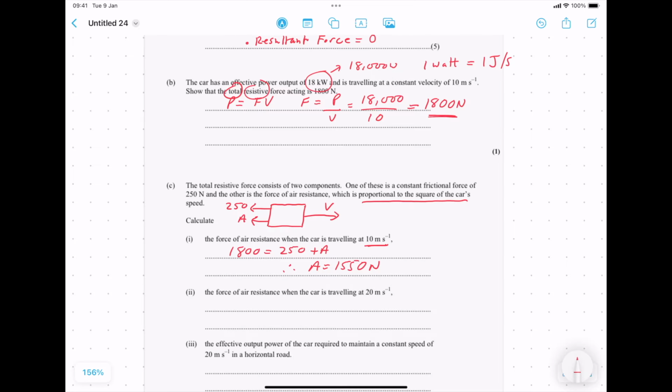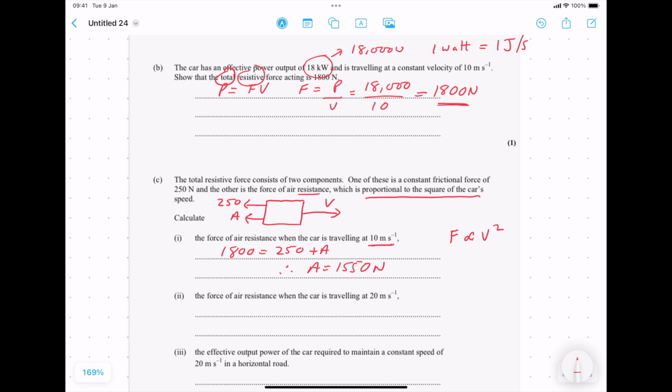In other words, they go up by the same amount. We can write this where F, the air resistance, is directly proportional to the square of the speed. So the proportionality symbol is that little alpha symbol there, V squared. Then to turn it into a regular equation, F equals K V squared, where K is the proportionality constant.